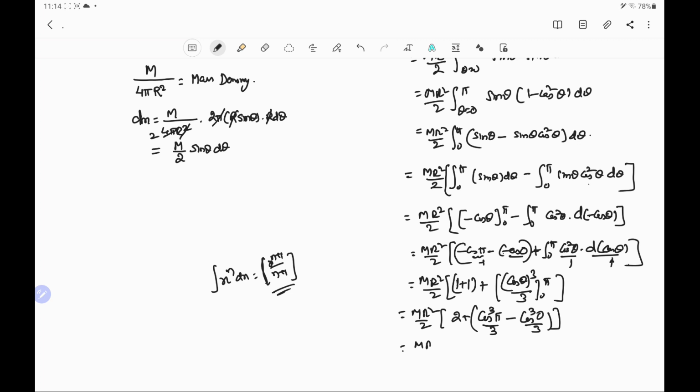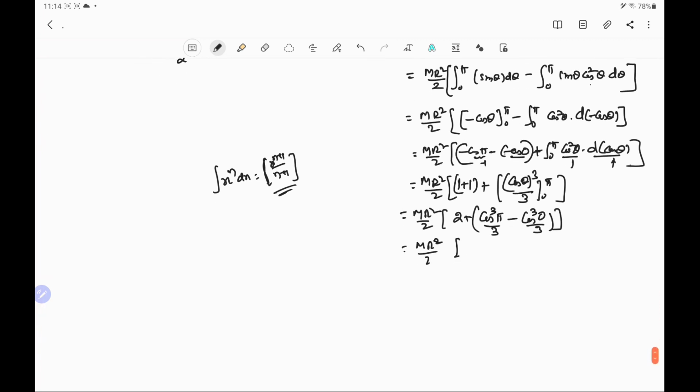And then it is m r square by 2, 2 plus cos pi is minus 1, and minus 1 raised to power cube, because it is an odd power, remains minus, so it will be minus 1 by 3, minus cos 0 is 1, it will be again minus 1 by 3. So m r square by 2, 2 minus 2 by 3, adding this, minus 2 by 3, and simplifying it will be 4 by 3.